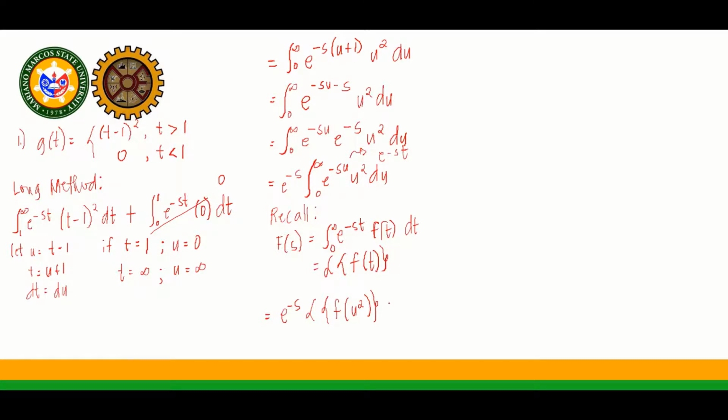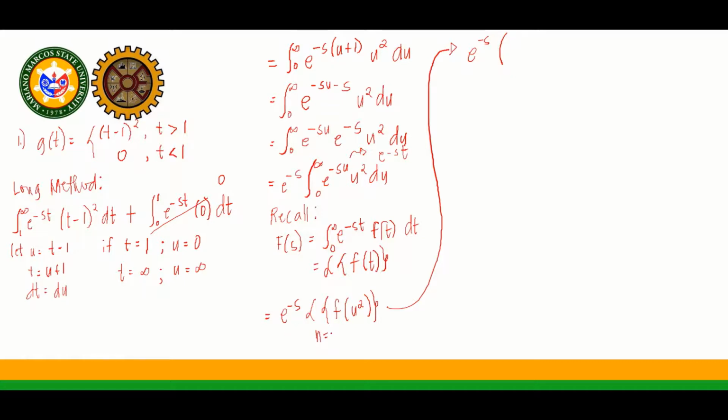So when we apply Laplace transform dito, this will be equal to e raised to negative s times what is the Laplace transform of u squared, treating u as t. Looking at the Laplace transform table, yung n mo is 2.